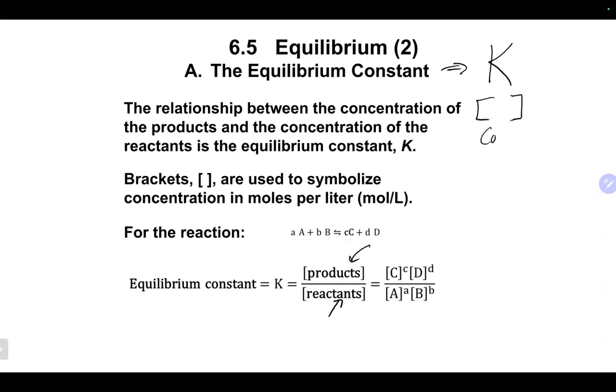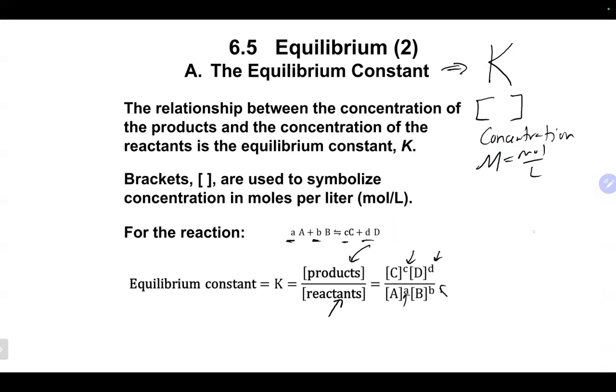Bracket means concentration, which basically means molarity, moles per liter. You take the concentration of the products divided by the concentration of the reactants, and you take the coefficients in the balanced equation and they become the exponents when you calculate it.